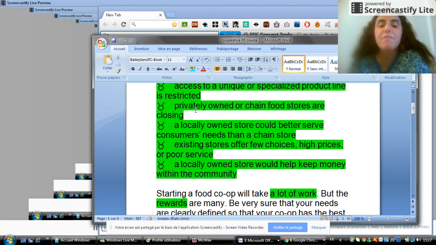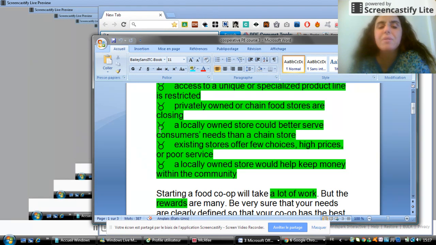So they might feel frustrated, and in order to overcome this frustration, the two individuals could think about establishing a cooperative. And this cooperative would be local, that is, it would be established in the neighborhood where they themselves are, and this would help them to overcome feeling frustrated.